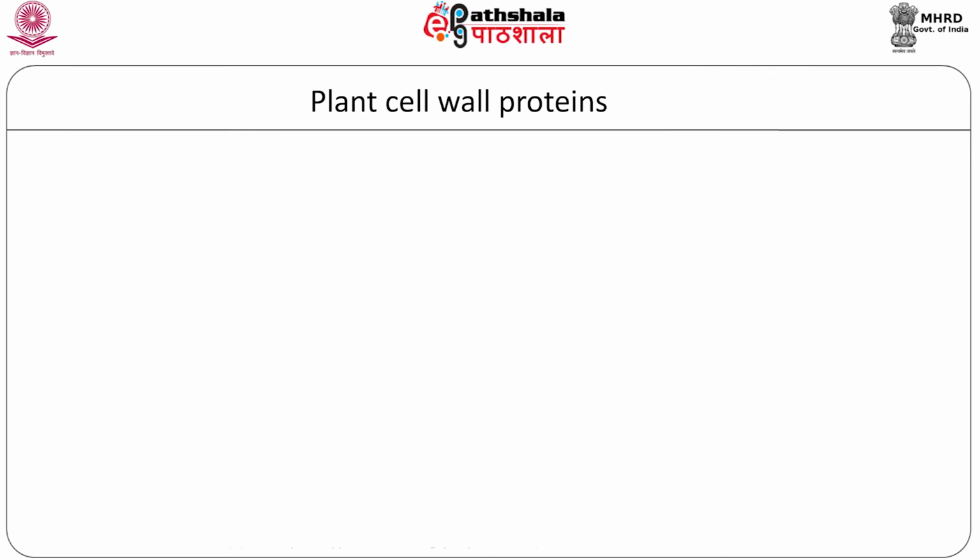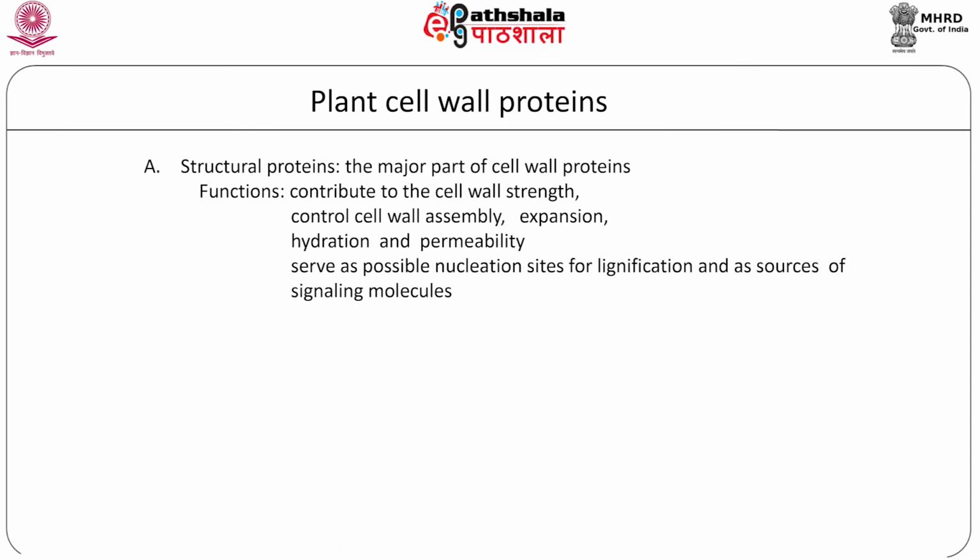Plant cell wall proteins. Structural proteins. The major part of the cell wall proteins functions to contribute to cell wall strength, control cell wall assembly, expansion of the cell, hydration, permeability, serve as a possible nucleation site for lignification and as a source of signaling molecules.